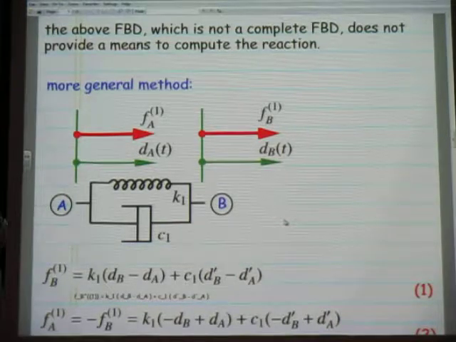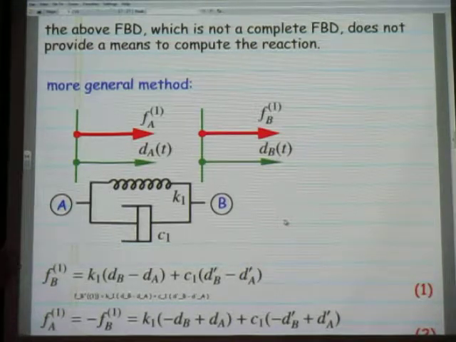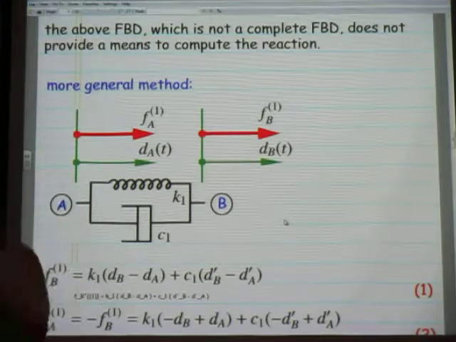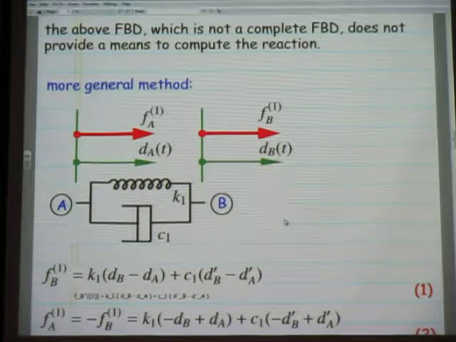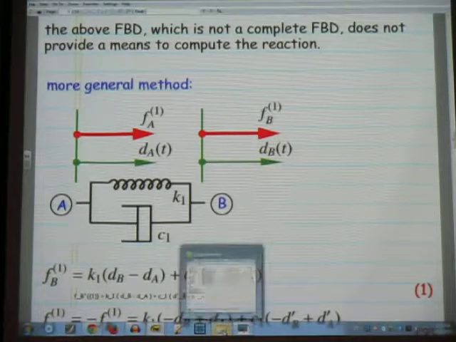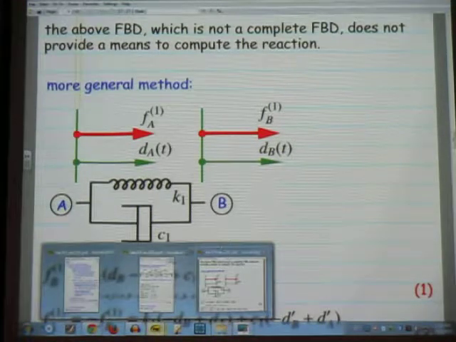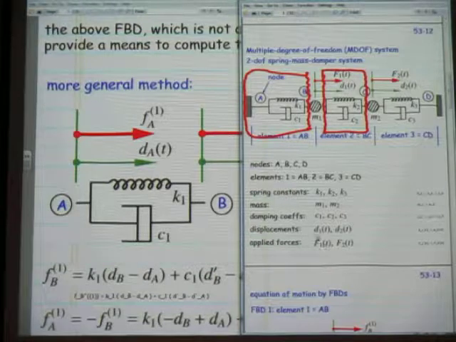Oh, I'm still in element 1. I did not move to element 2 yet. So I should go back to this figure here.